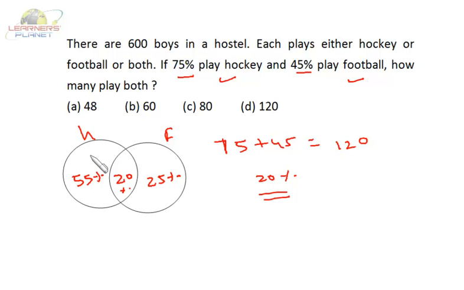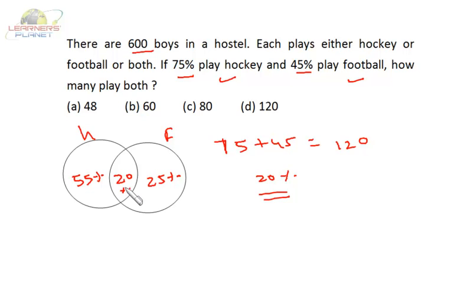As I have already told you, various questions may be asked on this particular concept. If only hockey is asked, then 55% players are there. If only football is asked, then 25% of the players are there. And 20% of the players are playing both the games. Of 600, 20% are playing both the games.